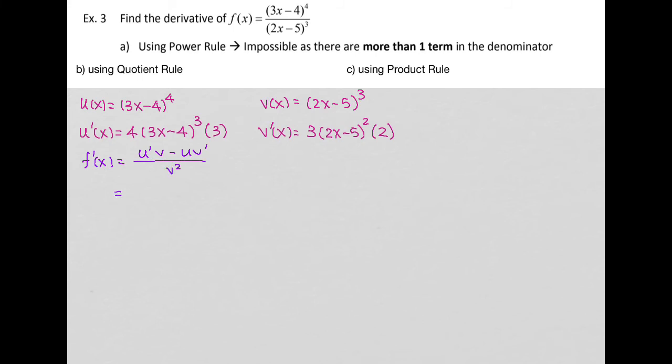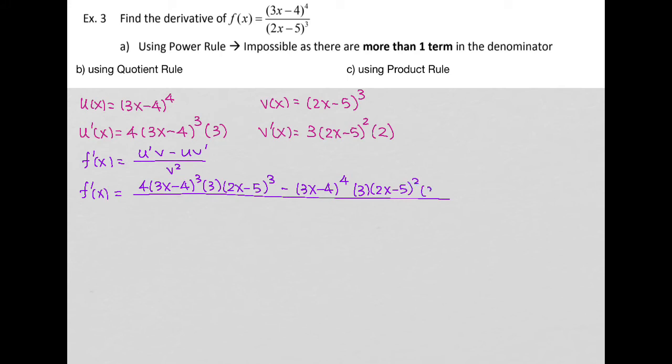We can write u prime: 4 times (3x minus 4) to the exponent 3 times 3, times v, (2x minus 5) to the exponent 3, minus u, which is (3x minus 4) to the exponent 4, times v prime: 3 times (2x minus 5) squared times 2, over v squared, which is (2x minus 5) to the exponent 3, whole thing squared. Next, we have to simplify it by common factoring.